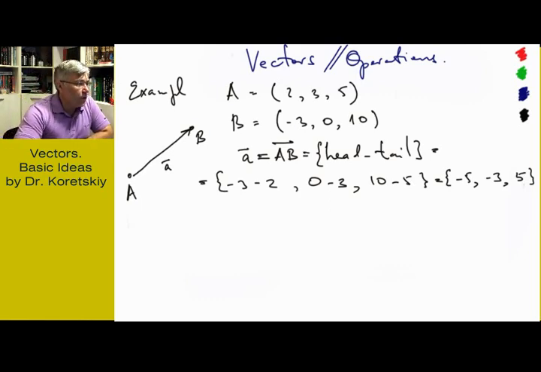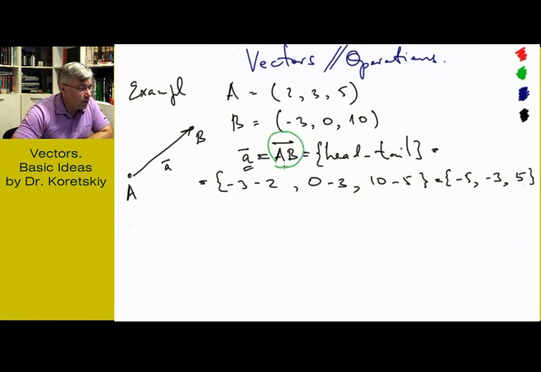Okay, so we can say here two main conclusions. If you want to define the components of the vector, if you know 2 points, you have to take away from the head point the tail point's coordinates. And the other one, the denotation of the vectors: you can use a small letter here, like a, or we have the alternative denotation.